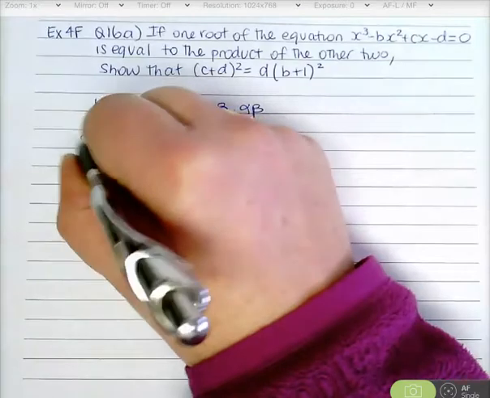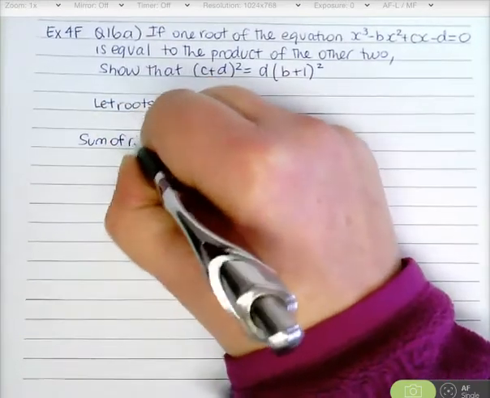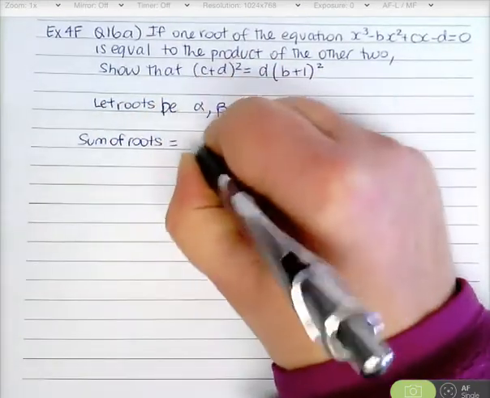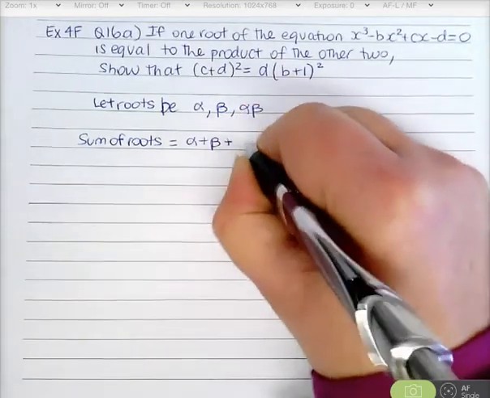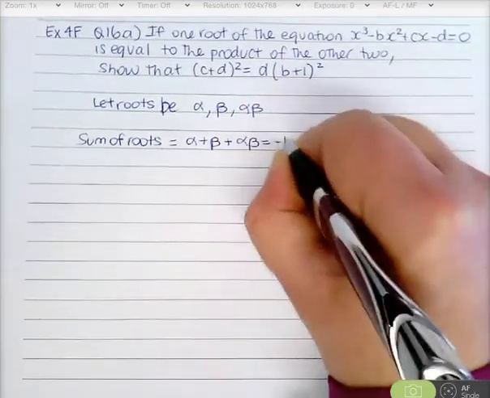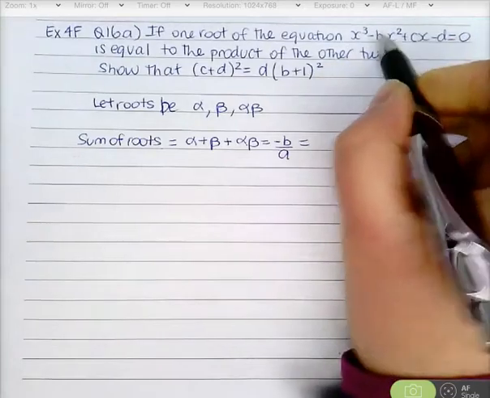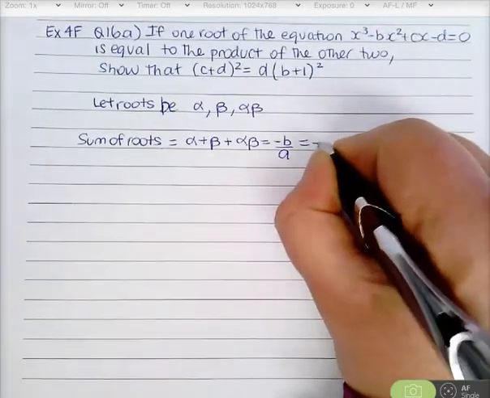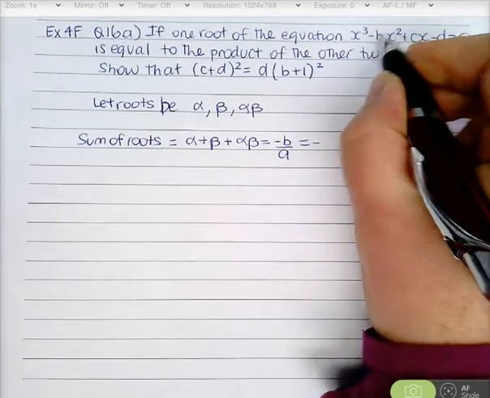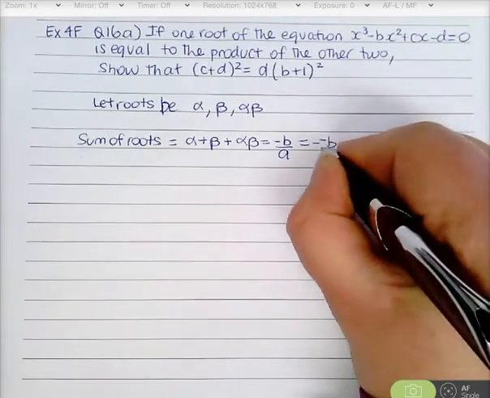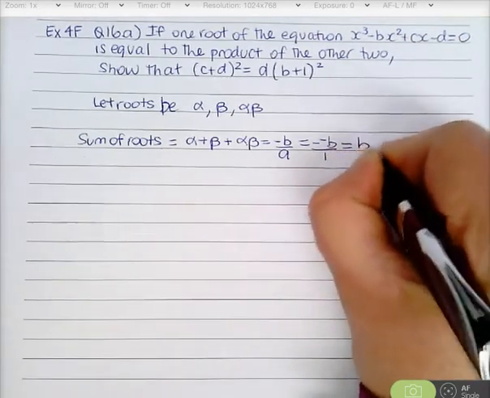Okay, so let's start. Sum of roots 1 at a time would be alpha plus beta plus alpha beta. Remember that that is minus b on a. If we do the substituting here, it's minus, now our b is negative b. So it's minus negative b on 1, which is b.